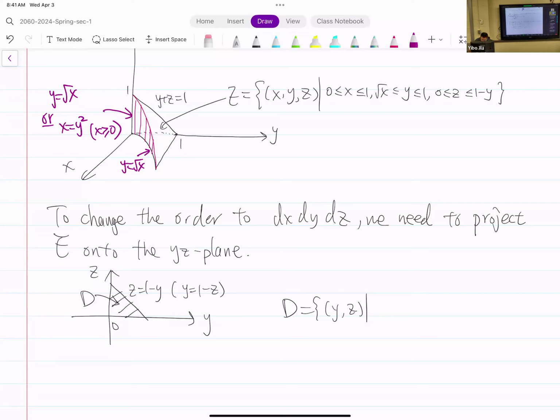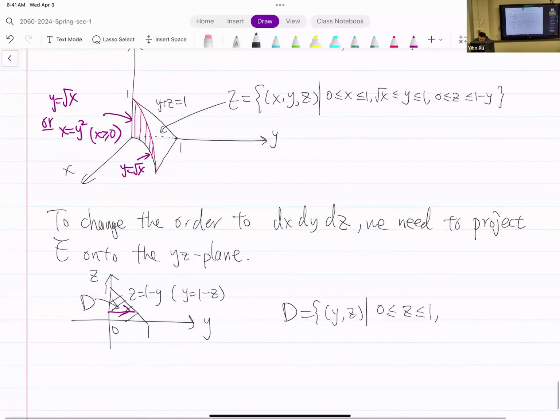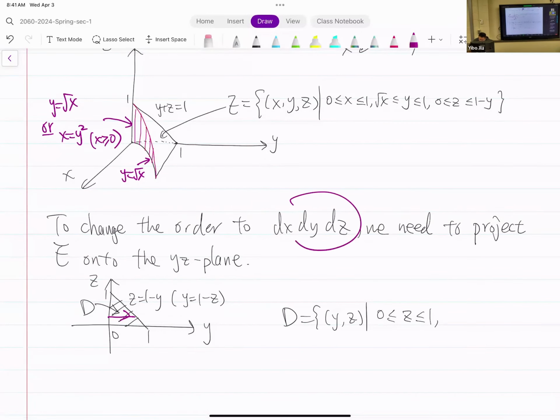Okay. So if we're doing the horizontal ones, then now your z is free between 0 and 1. Okay, so quickly, these intercepts are ones. So z is between 0 and 1. Oh, by the way, so here we are doing dx dy dz, right? So z is the most outer, so that's the free variable.